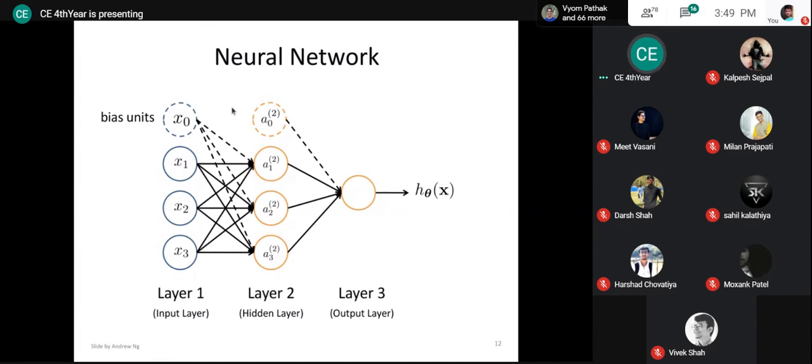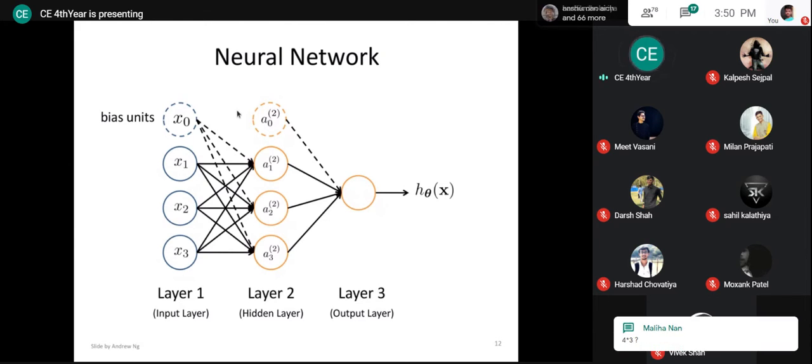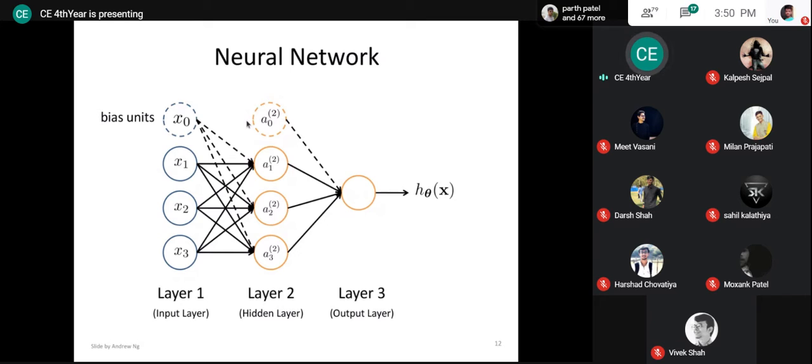Malia says 12. See, whenever we say theta, let's assume that we are saying theta 1, or you can say the weight 1. So what do you mean by weight 1?